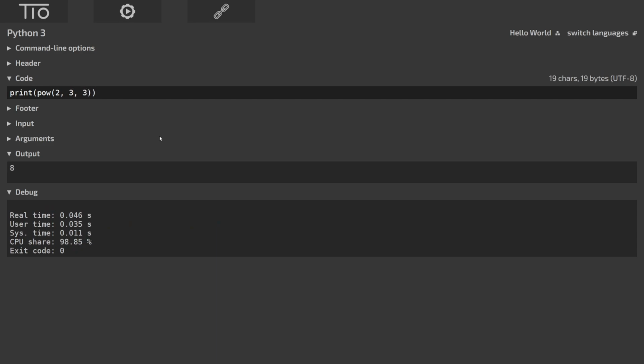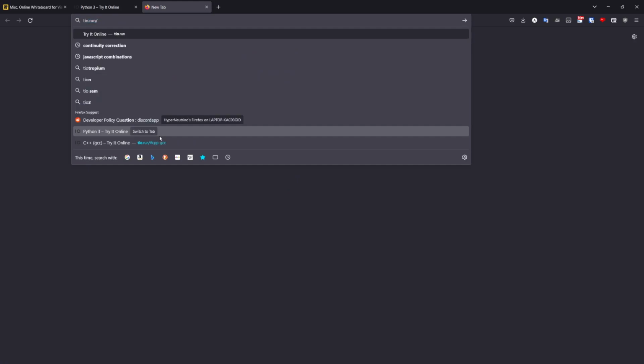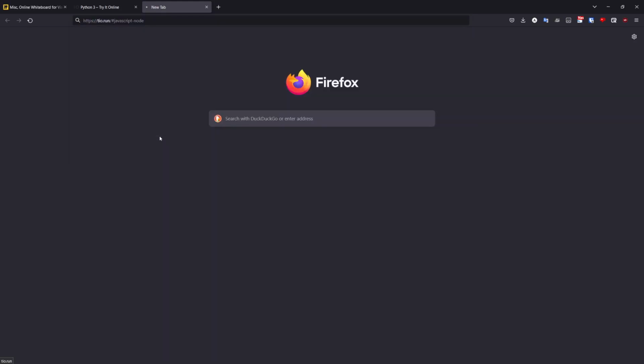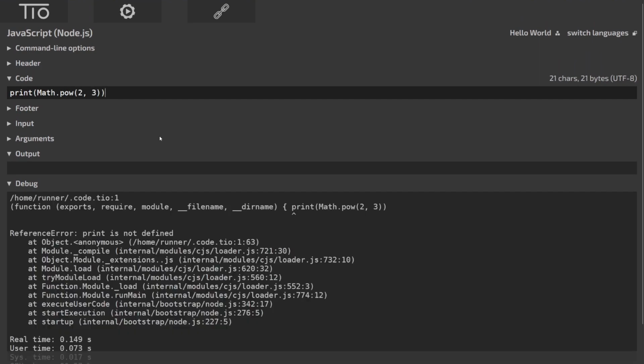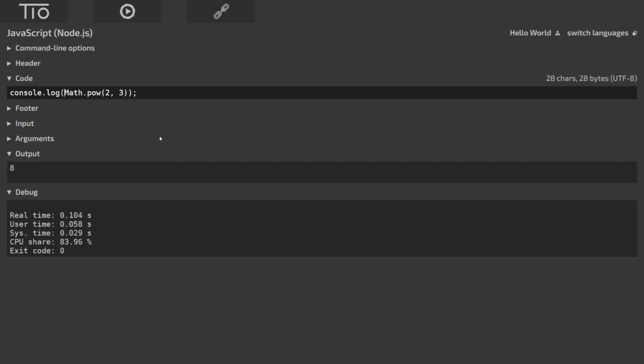And optionally, you can include a third operator, which will be the modulus, and it will automatically do fast modular arithmetic for you. It's JavaScript that I don't think supports this. JavaScript does have a built-in power operation, I think, but it does not accept a modulus. So you would have to implement that yourself, I believe.